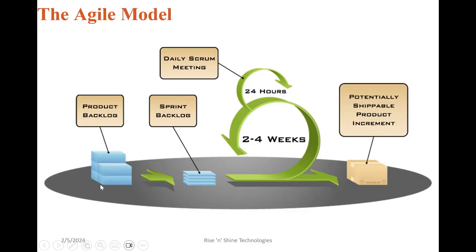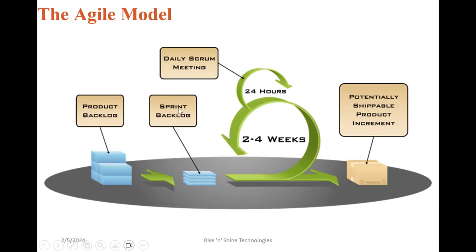Let's take an example, the Gmail application. Everyone knows its functionality: sign in page, sign up page, login page, and then home page, spam, trash, settings. We have different modules or functionalities, and they split all those functionalities into small product backlogs.